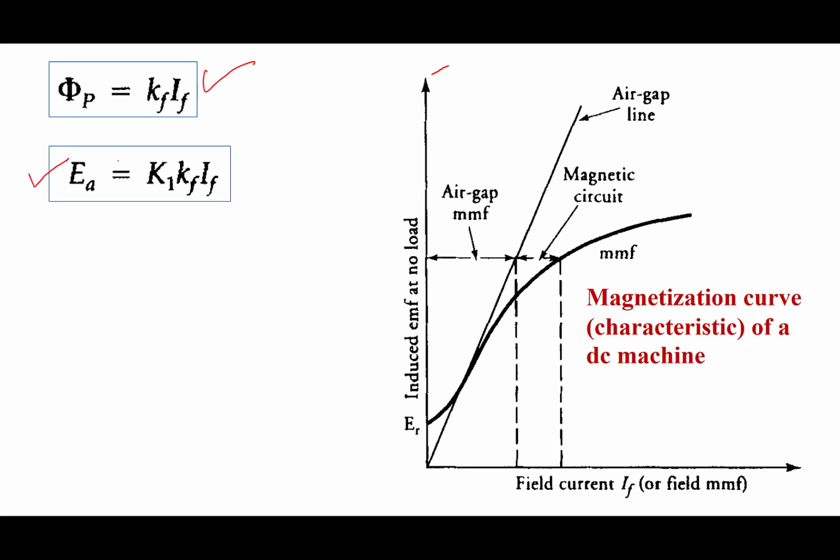So your EA is the voltage induced if the load is not connected to the output end, to the armature. That means it is open circuited. If we put a voltmeter, then we will measure EA. We call it the open circuit voltage.